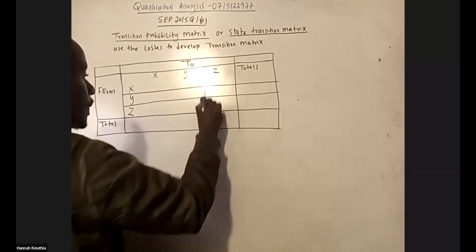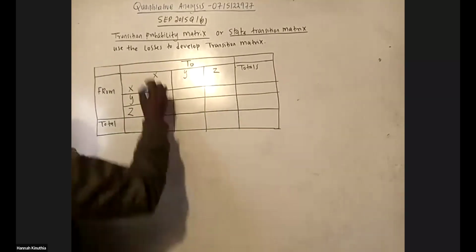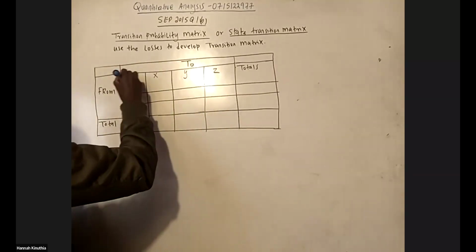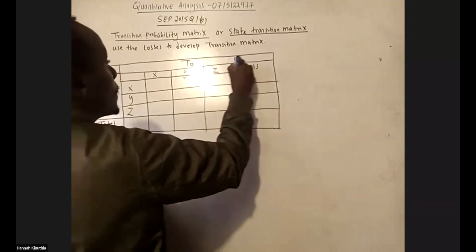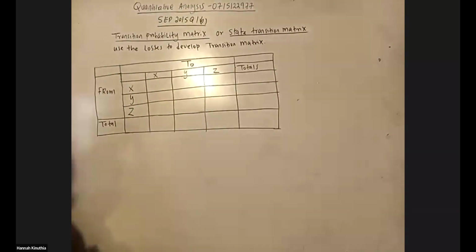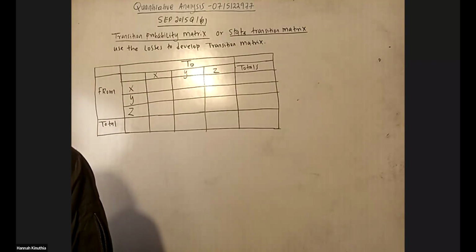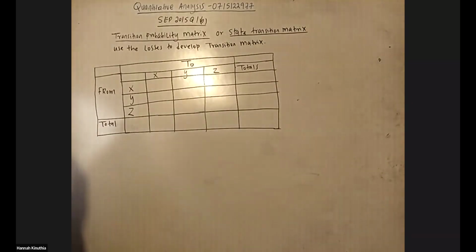That table itatusaidia sana. Bas, ukiwa umeshachora hiyo table hivyo, jua wewe umemaliza hiyo swali. Now, the first thing you need to check, unaenda kwa losses. Do you have the losses?